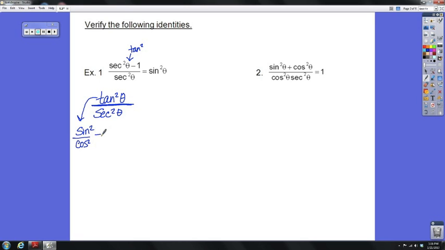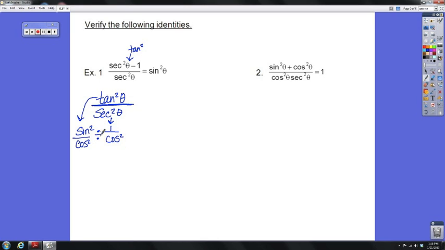So I'm going to put a division symbol because this means to divide. And secant squared in terms of sines and cosines would be 1 over cosine squared. So I've turned everything into terms of sines and cosines.